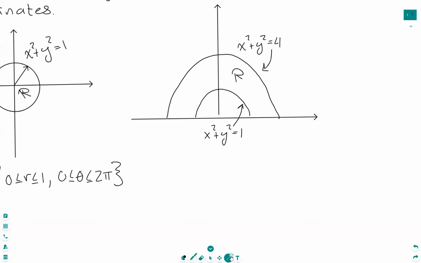For this object, the radius, remember it's always centered at the origin, it goes from 1 and it goes all the way out to 2, right? This is a circle of radius 2, the outer arc here, described by x squared plus y squared is equal to 4. Now the angle goes from 0 to pi.